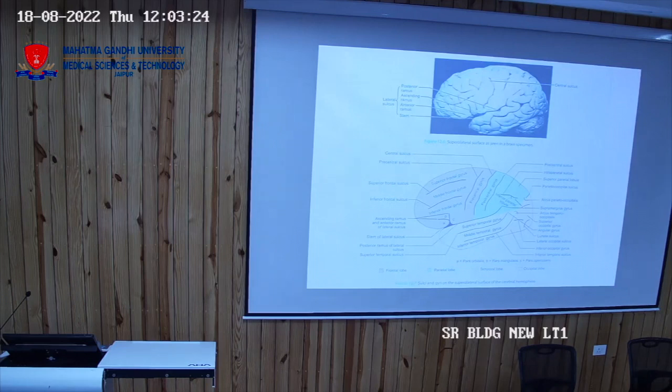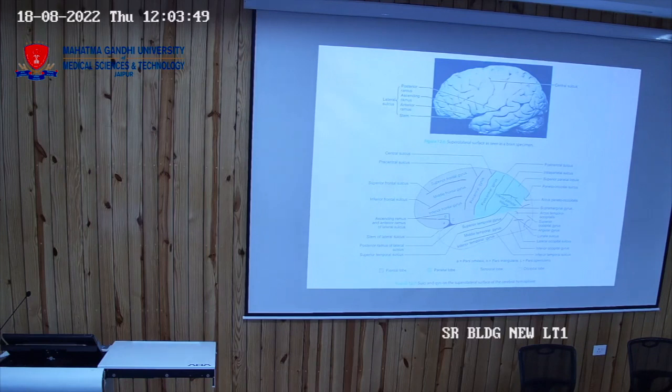The cerebral cortex consists of grey matter. So we can say the cerebral hemispheres are surrounded on the outside by the grey matter. In the inner part of the cerebral hemisphere there is white matter. The case is just the reverse of the spinal cord.